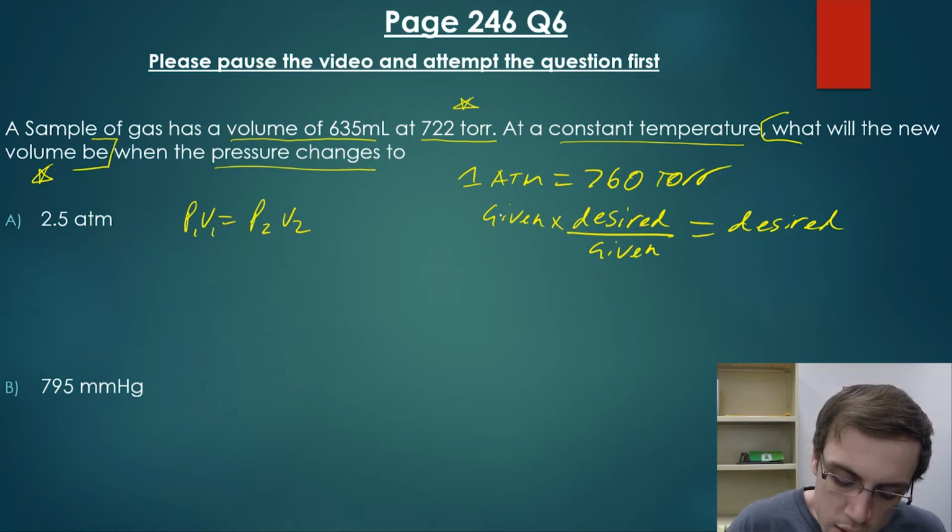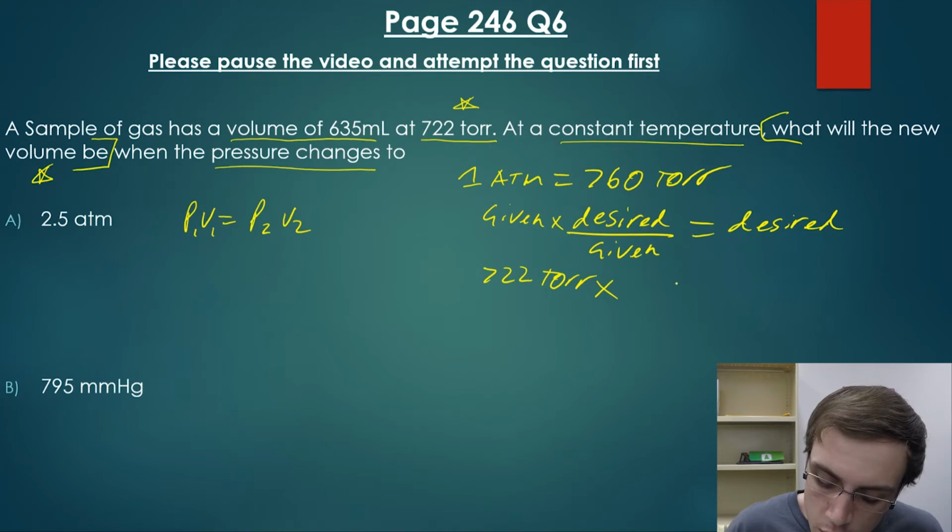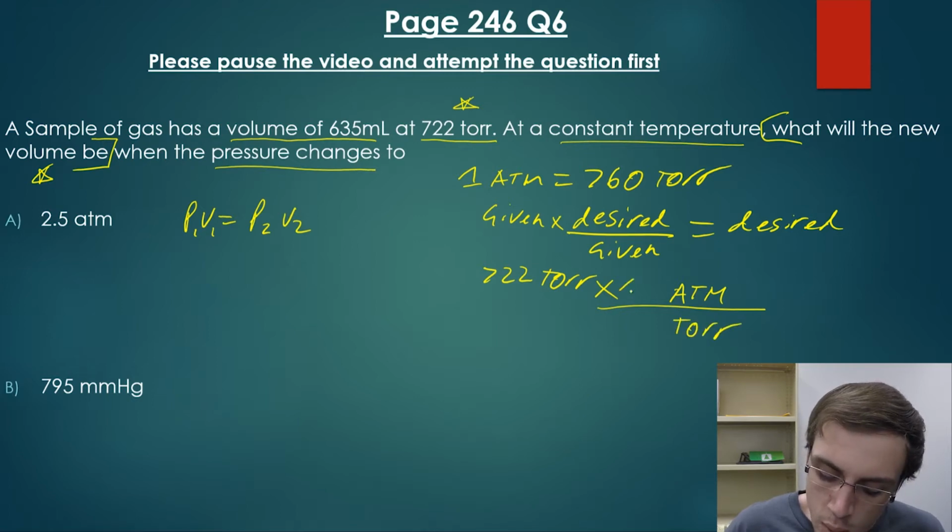We are given torr, so we're going to go 722 torr multiplied by the desired. What do we want it in? We want it in atmospheres over given. We're given torr, and we know that 1 atmosphere is the same as 760 torr.